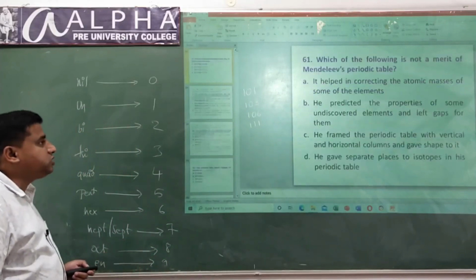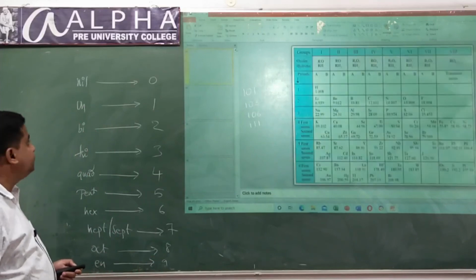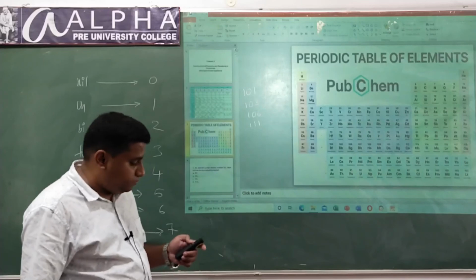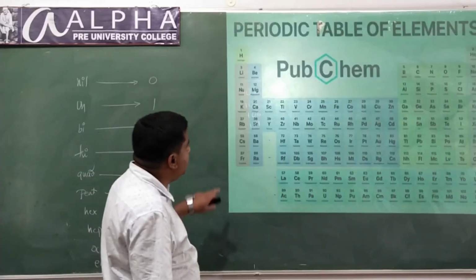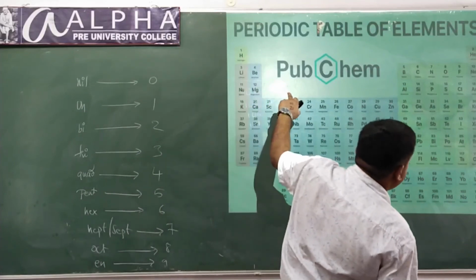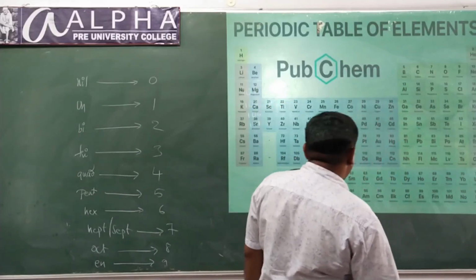The last question, let us see. 101, where is it? Where do you find the element with atomic number 101?